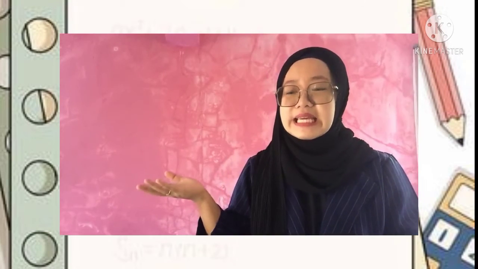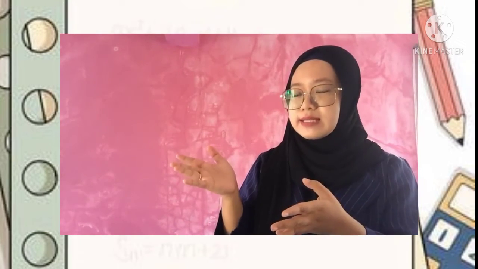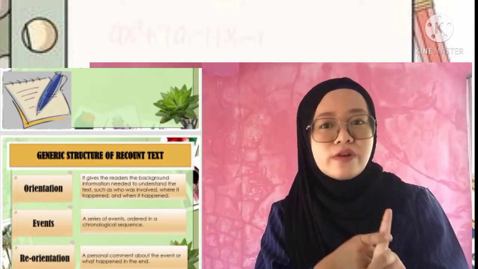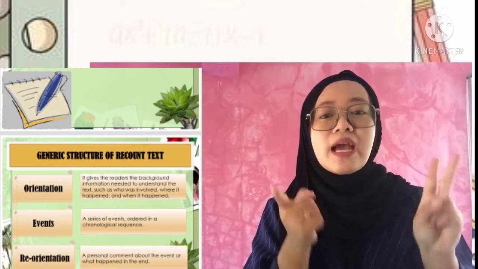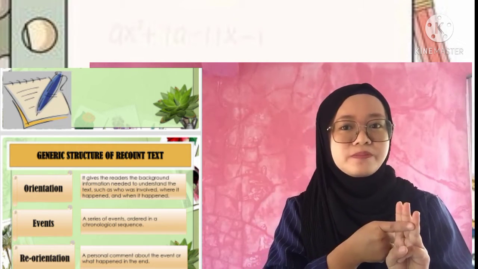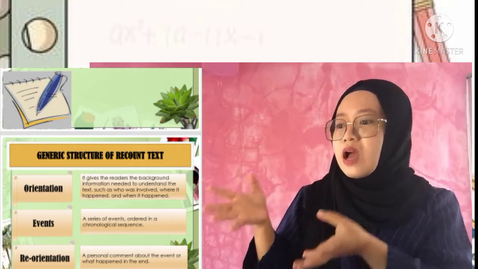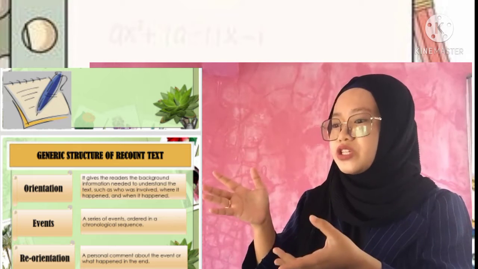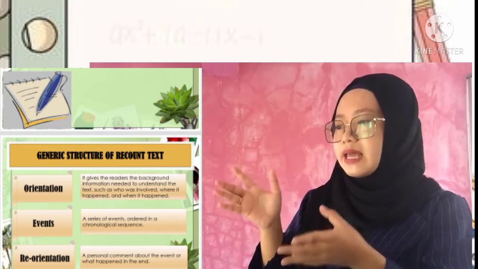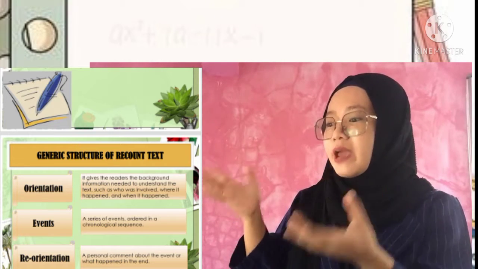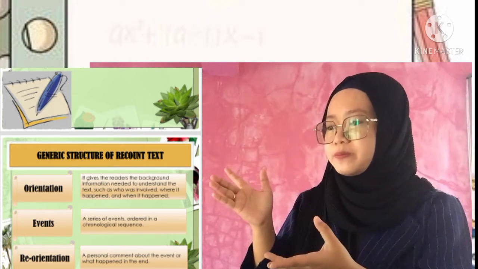Well, next is the generic structure of recount. There are three generic structures of recount. The first is orientation, the second is events, and the third is reorientation. Orientation gives the readers the background information needed to understand the text, such as who was involved, where it happened, and when it happened.